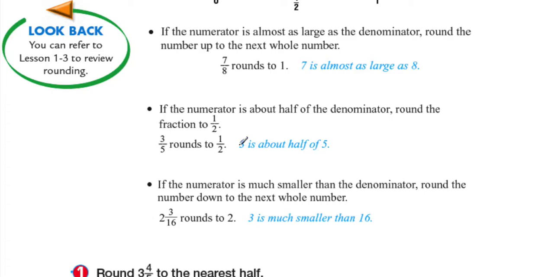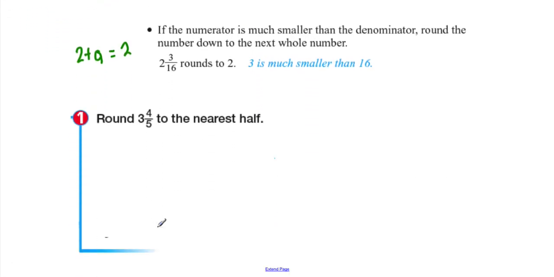That's the reason why 2 and 3/16 rounds to 2, because 2 plus 0 is not approximately, but it is equal to 2. So when 3/16 rounds to 0, you simply add 2 plus 0. That'll give you 2.